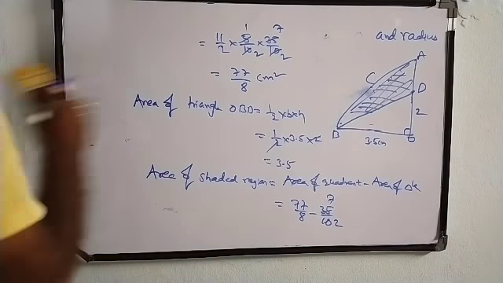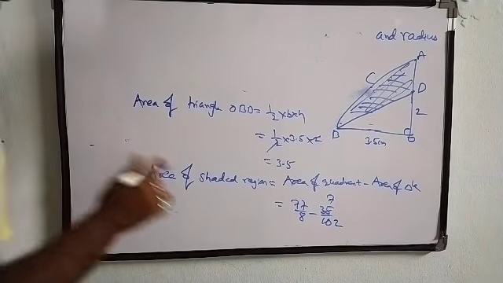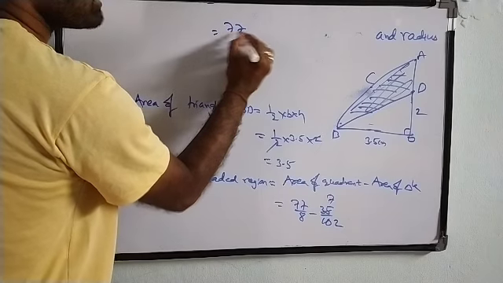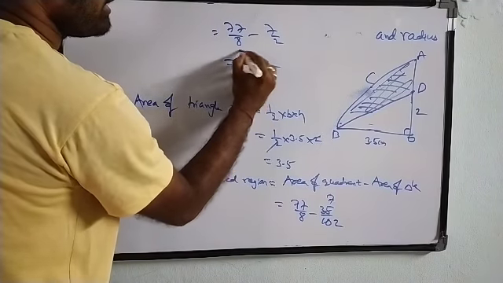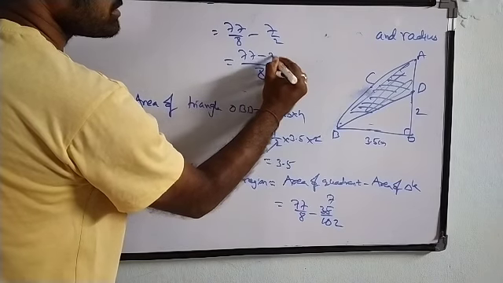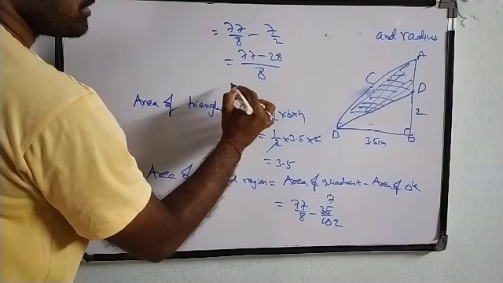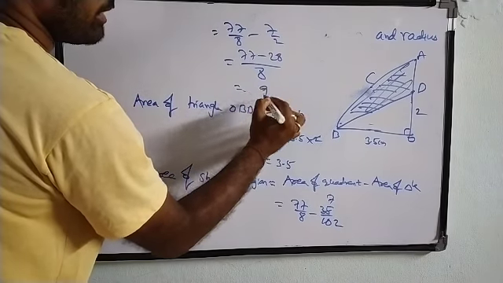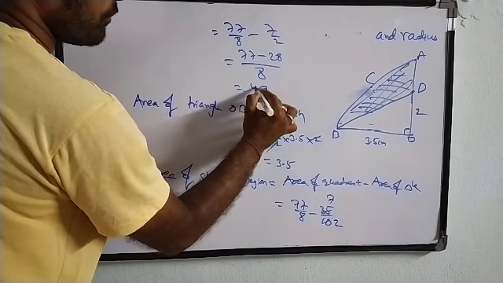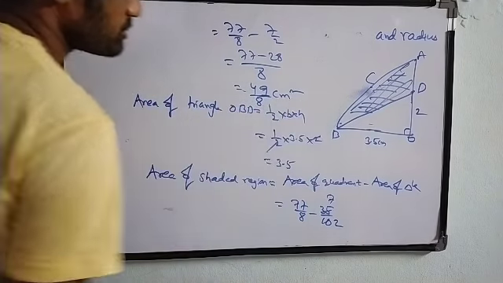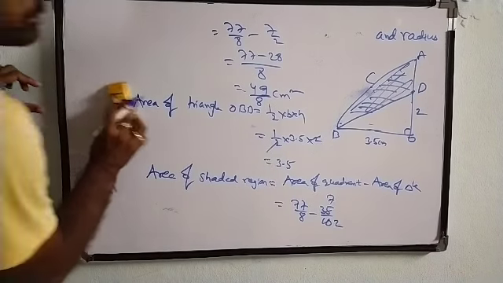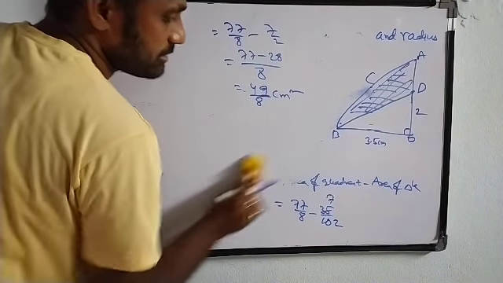So we can do the simplification here. So it is 77 by 8 minus 7 by 2. So overall 8 here, 77 minus 28. 9 7s are 63, 4. 49 by 8 centimeter square. So this is the area of the shaded region, 49 by 8 centimeter square.